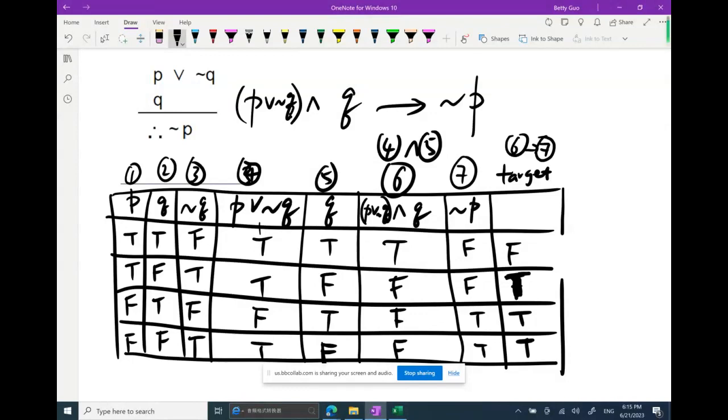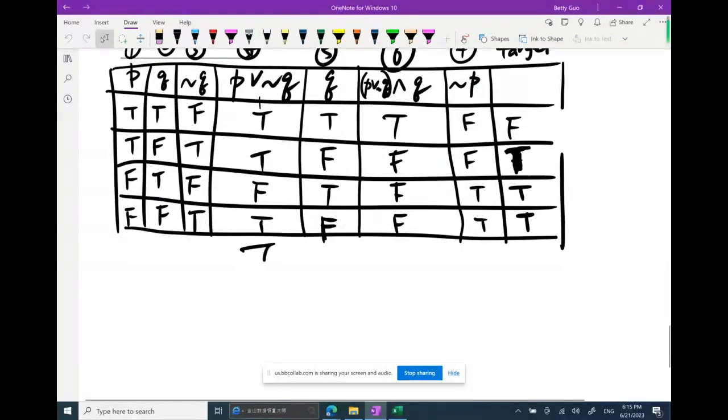Okay? So let me double check. P or not Q, Q. So this is true. Not P is false. So this is not a tautology, it is not valid, invalid.